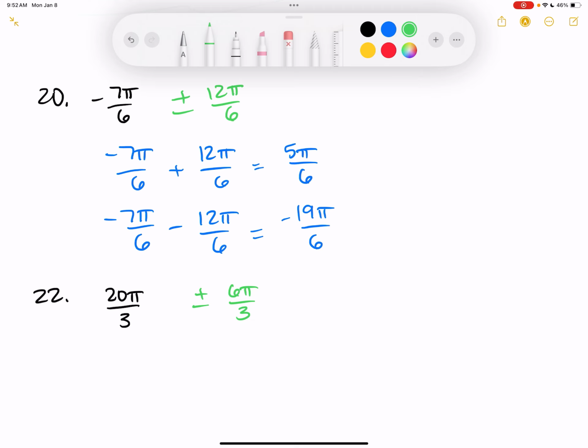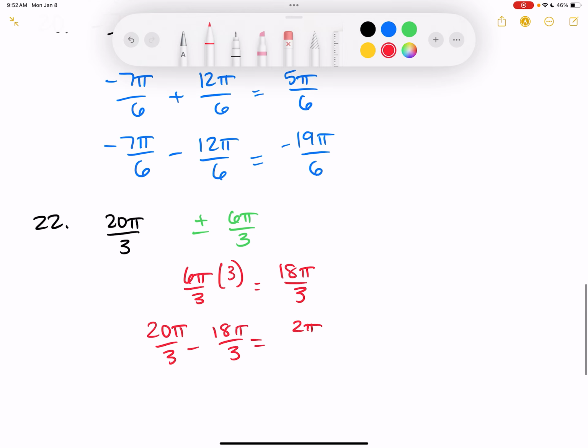But if you recognize that this is 3 times around, I can multiply this whole thing to get 18 pi over 3. So if I multiply 6 pi over 3 by 3 and get 18 pi over 3, I can then subtract 18 pi over 3 from this. So 20 pi over 3 minus 18 pi over 3 gives 2 pi over 3, and that would be a coterminal one.